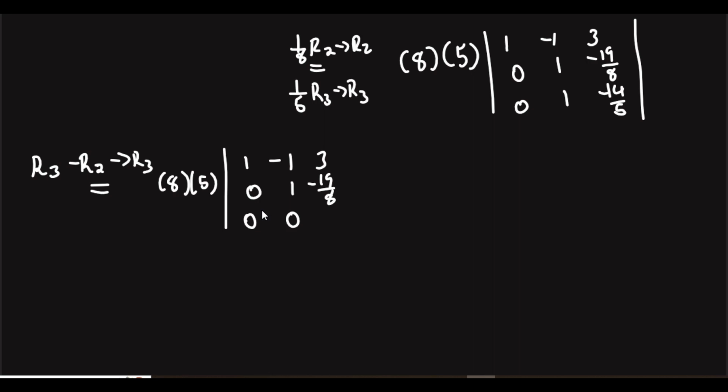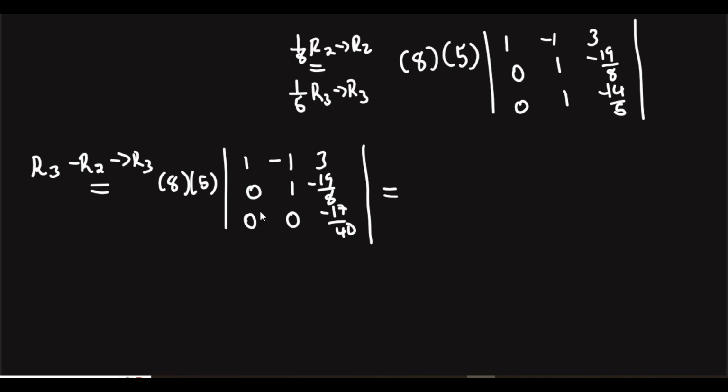Which gives us negative 17 over 40. Now from here I could add row 1 to row 2, but I don't need to do that because I already have what?